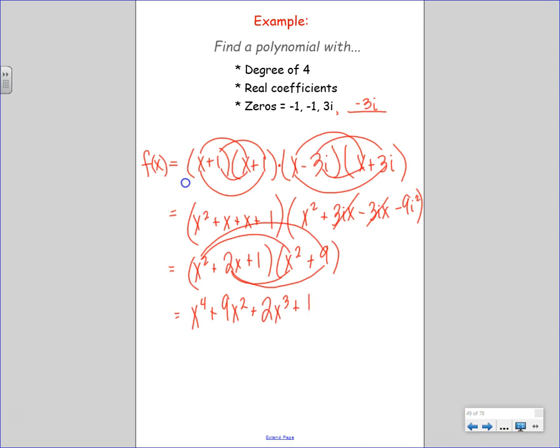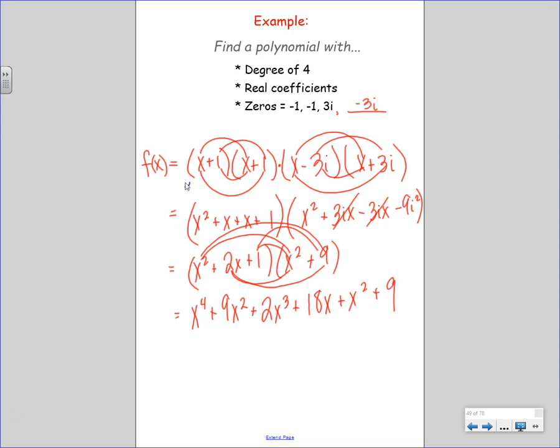And 2x times 9? Now we're not done. FOILing only makes us do the first and then the second, but with this one we have 1, 2, 3 terms, so therefore it's time for the 1. So the 1 to the x squared, and then the 1 to the 9.